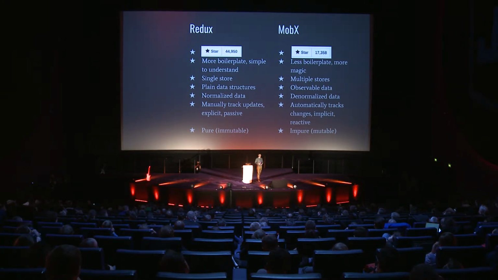In Redux, it's common that you have normalized data, and for MobX, this is not the case. You can have deeply nested data. So Redux manually tracks updates. It's quite explicit how you do actions, and it's passive. On the other hand, MobX automatically tracks changes. It's reactive and implicit.